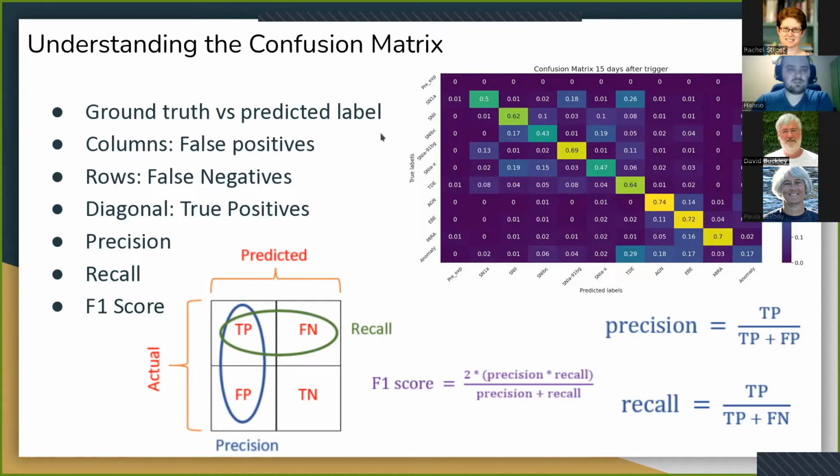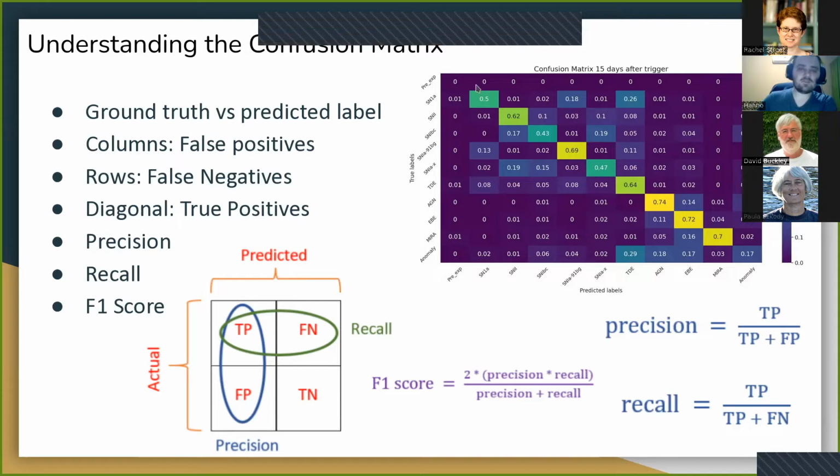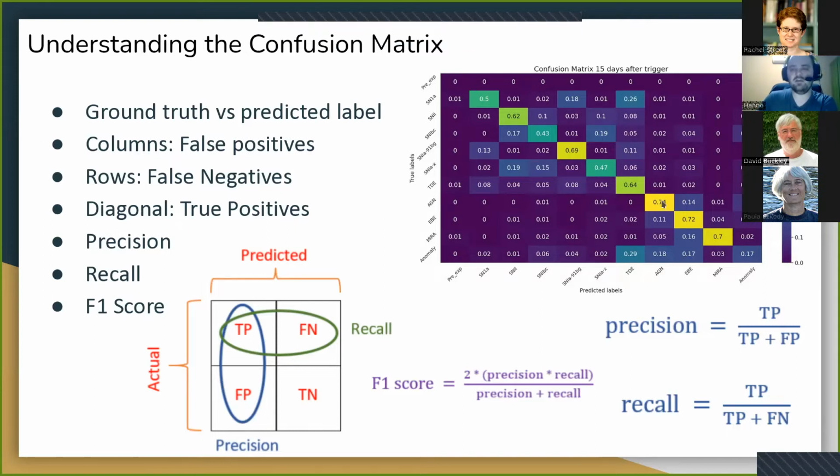So the confusion matrix looks at the ground truth versus the predicted label that we give it, and with this one graph, we are able to do quite a bit of statistics. One of them is the precision statistic, where we take the true positive events, i.e. the events on the diagonal that we know are the true events, and compare them to what all the other classification results are.